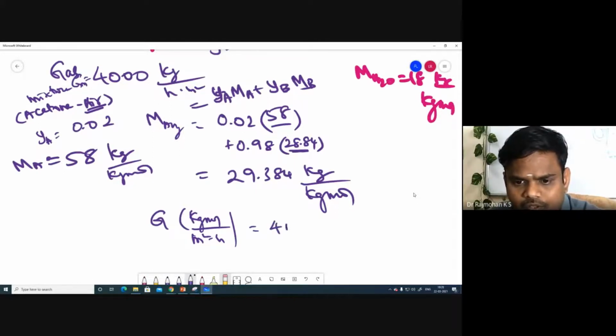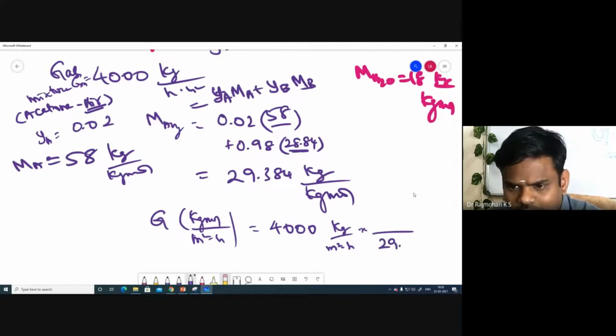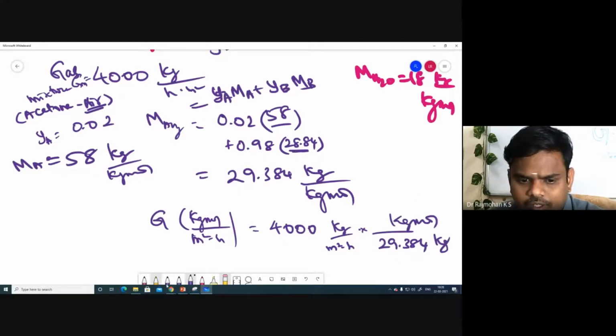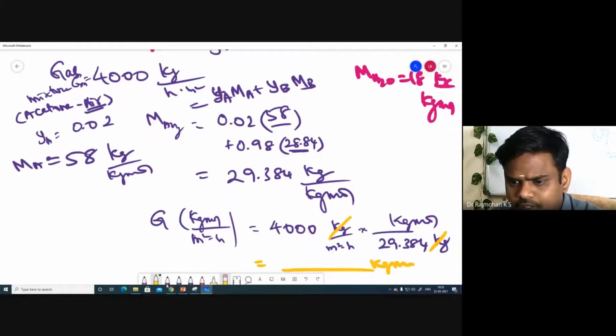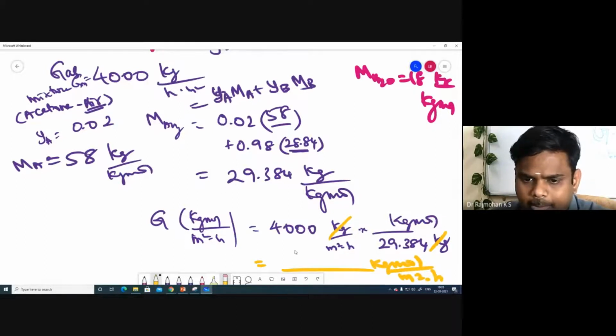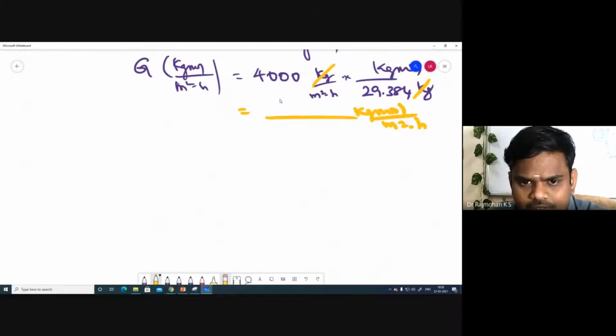If you convert it, 4000 kg per meter square hour divided by the molecular weight 29.384 kg per kg mole, we get the G value in kg mole per meter square hour. So this is our G value.